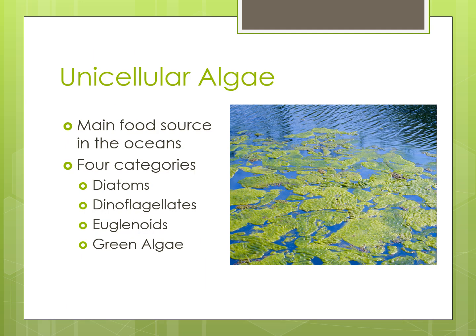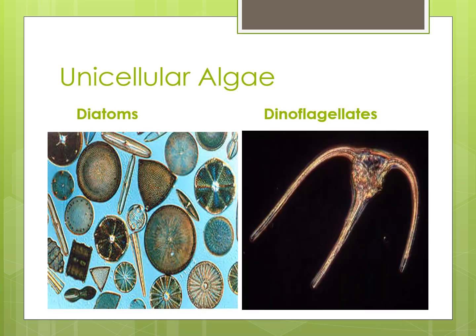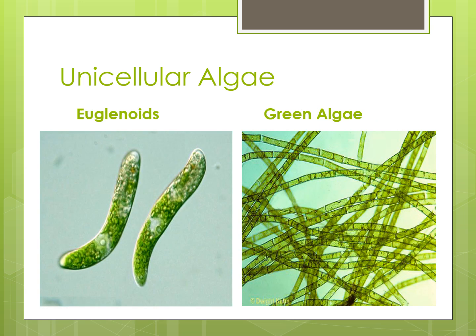So these algae can be unicellular, and there are 4 categories of our algae. The first category is diatoms. The second is dinoflagellates. The third is euglenoids. And then the last is green algae.